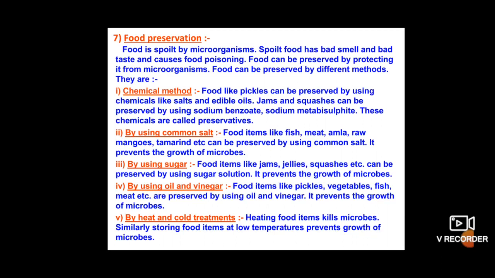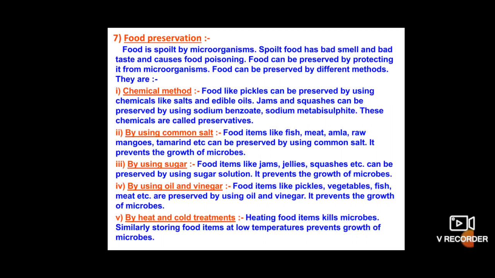These toxic substances along with the microorganisms cause food poisoning. This food poisoning is dangerous and toxic to us. When we consume it, we face a lot of health issues.